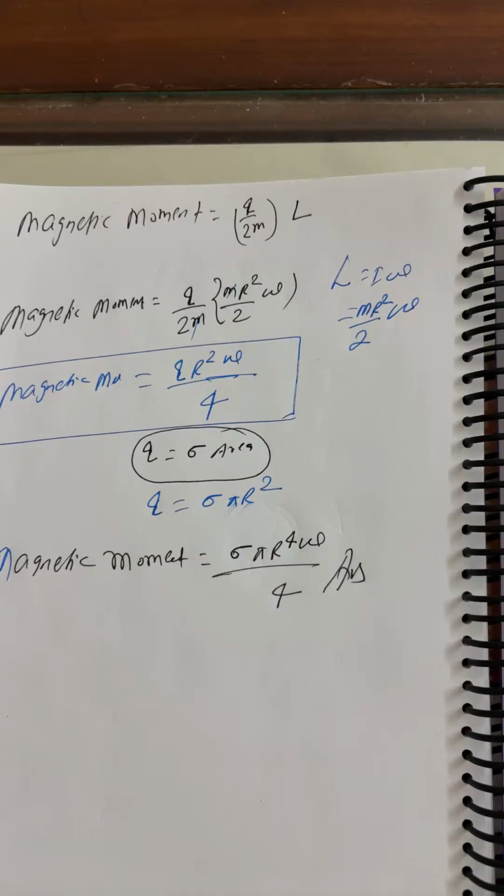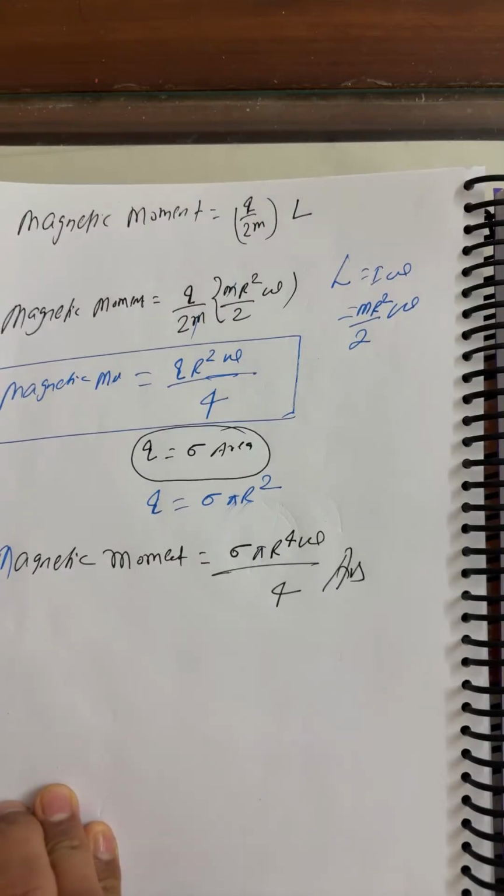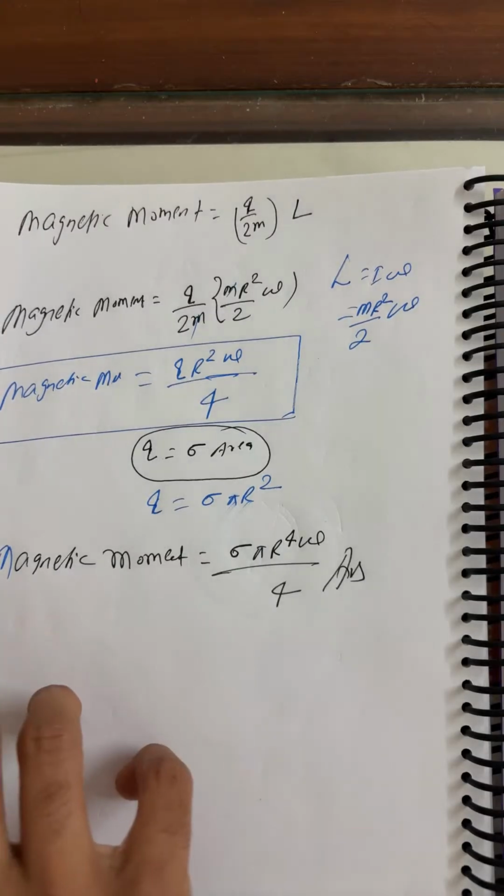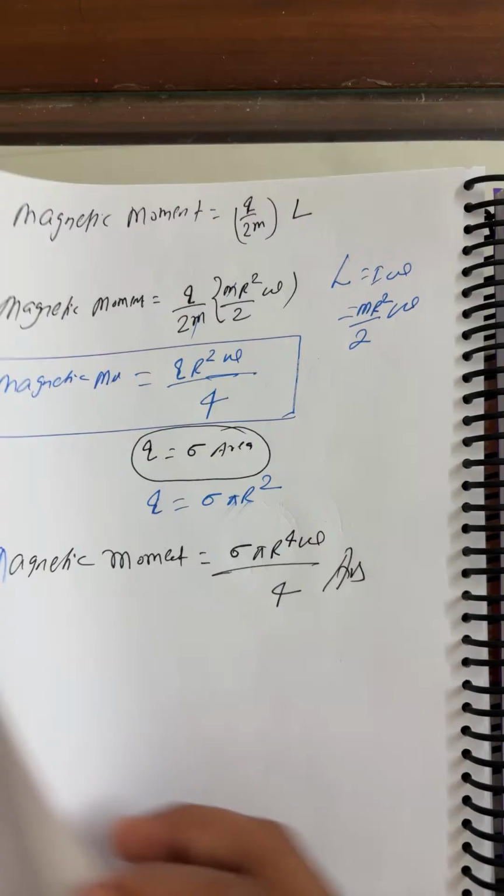Yes, beta. So what does the question say? The figure shows a wire loop MN which carries a current I. Right.